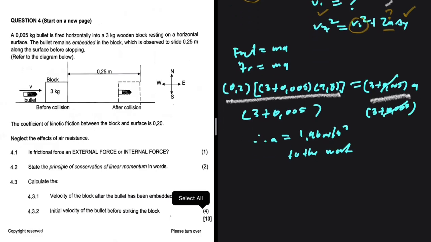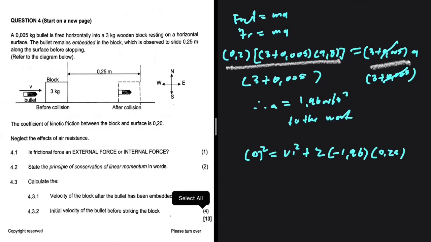So we have 0 squared equals VI squared plus 2A, where our acceleration is minus 1.96, multiplied by delta Y, which is 0.25, taking east as positive.